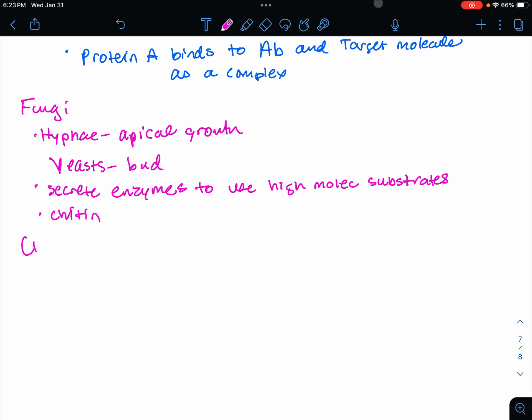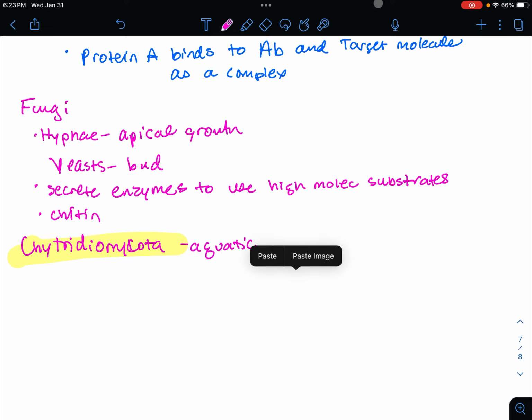Alrighty, next we have two types here. We have our first type, the Chytridiomycota. This type of fungi are going to be diverse. They're usually aquatic, which is very interesting.